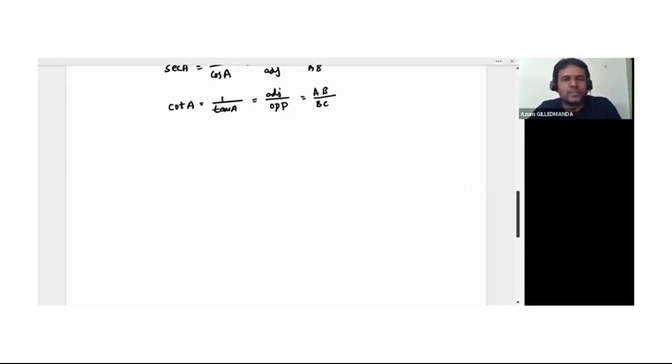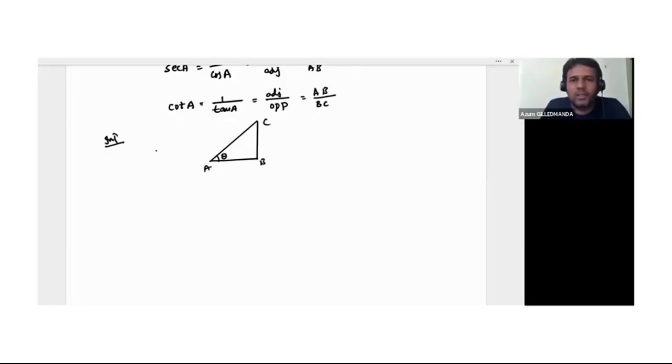Also, one important thing I need to tell you. Sometimes if they just specify the angle, they can just call it as, let me just draw this, right? Sometimes they just call this as theta, right? A, B, and C. So this is the right angle.